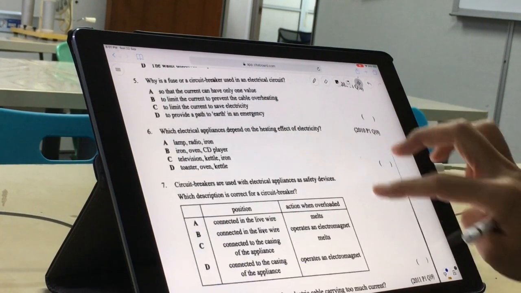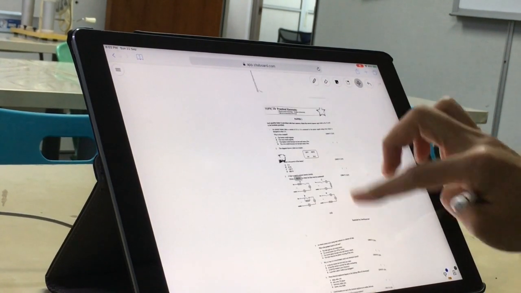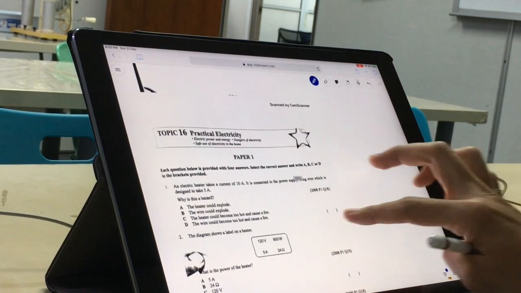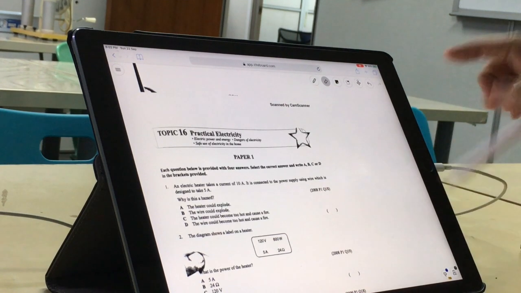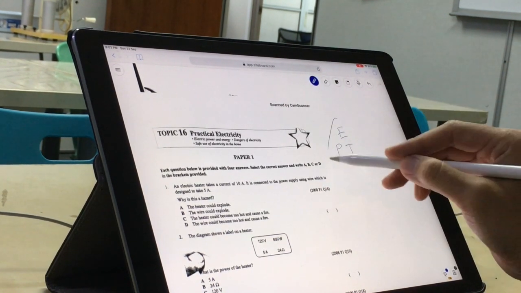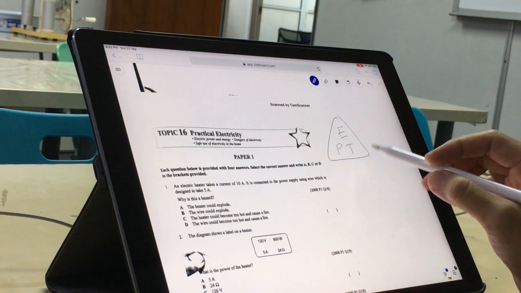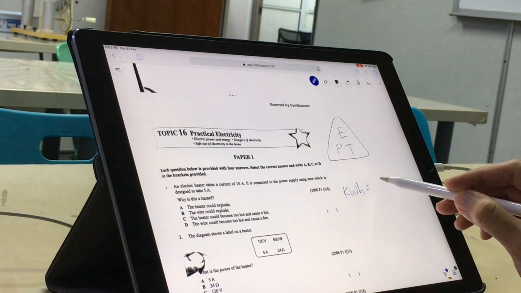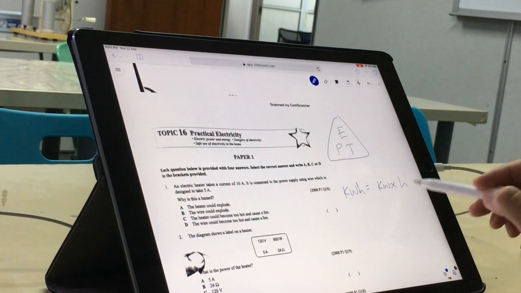What about the theory? The theory is all the EPTIVIR. This chapter, the practical, is the EPT. Energy equals power times time. And if you need to find kWh, it equals kW times h.